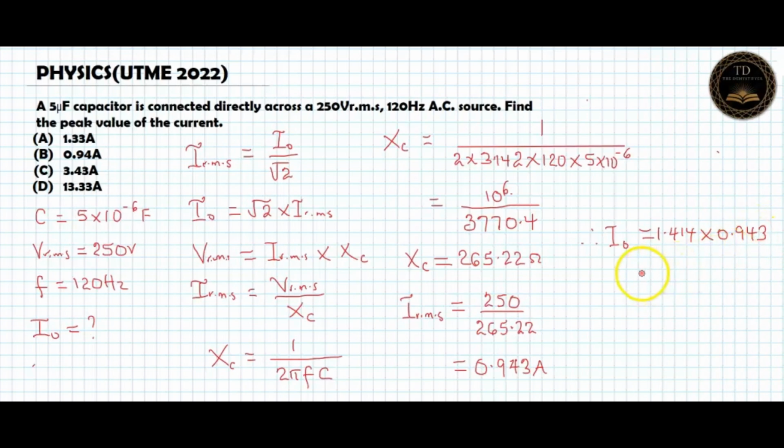If you multiply this, 1.414 times 0.943 is 1.333402.